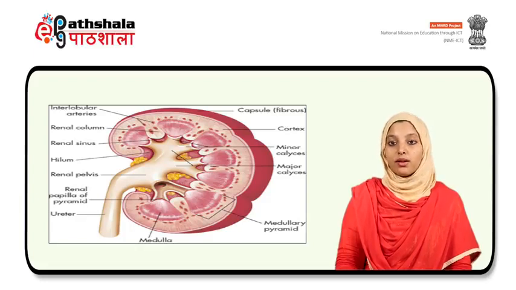Each nephron is composed of an initial filtering unit, the renal corpuscle, and a tubule specialized for reabsorption and secretion. The renal corpuscle consists of the glomerulus and Bowman's capsule, followed by various tubules including the proximal tubule, loop of Henle and distal convoluted tubule, which can be seen in the figure.